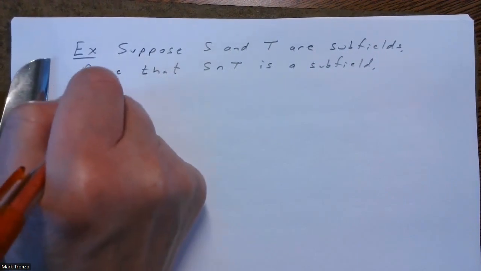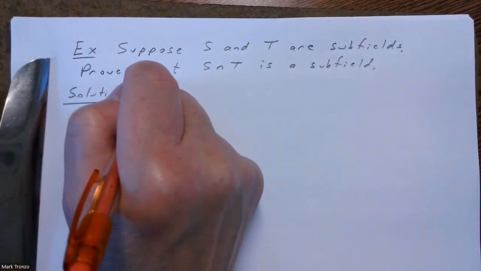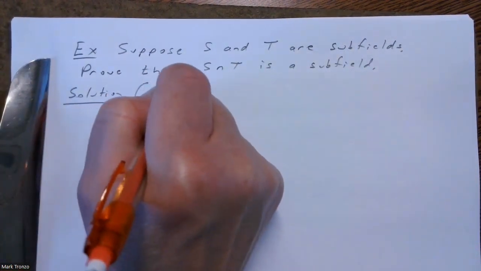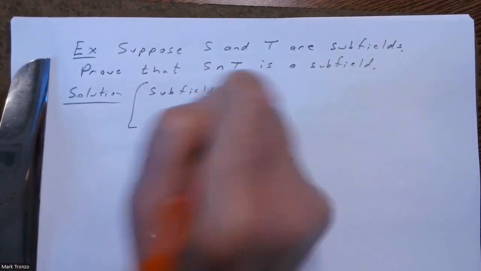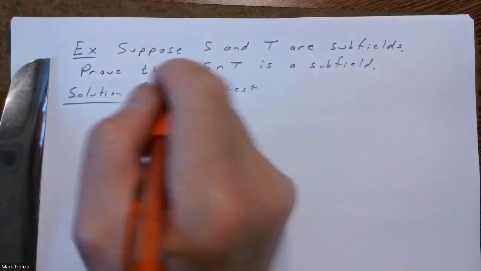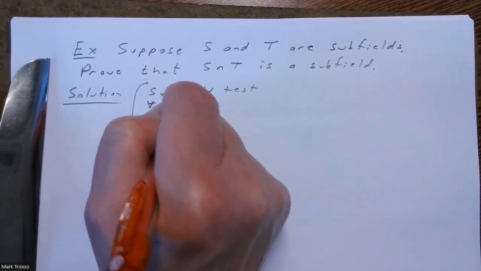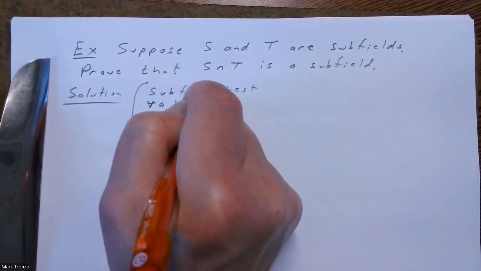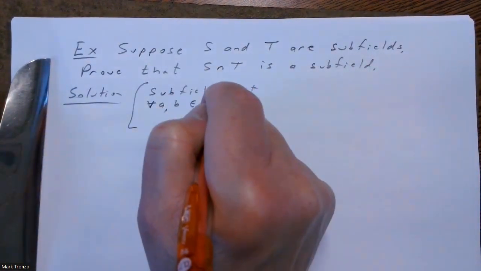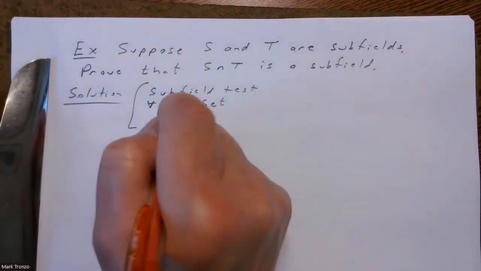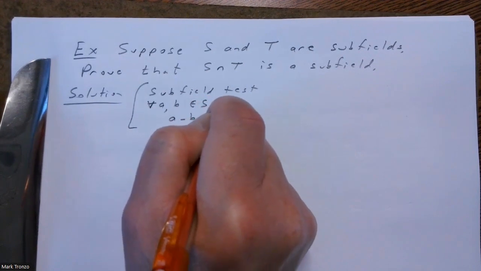Just to remind you, the subfield test was: for all A and B in the set, A minus B is in the set.